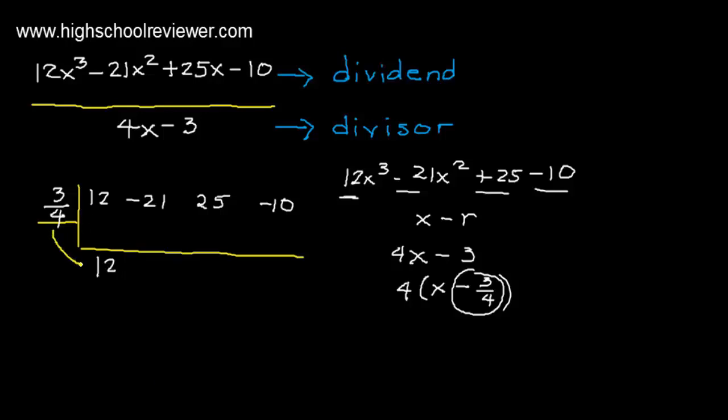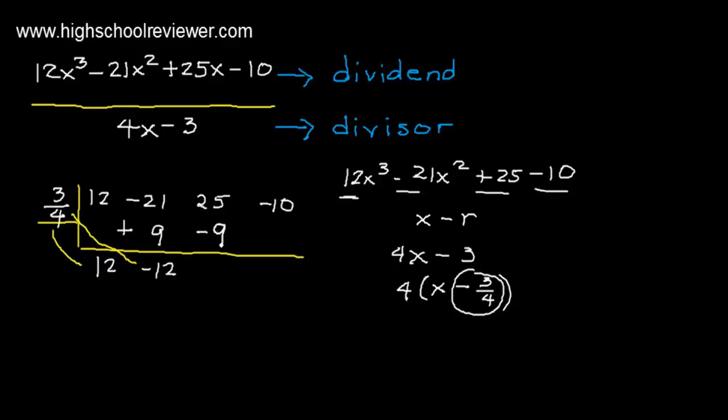This will give us positive 9. And perform addition. Negative 21 plus positive 9 is negative 12. And multiply negative 12 and positive 3 over 4. This will give us negative 9.